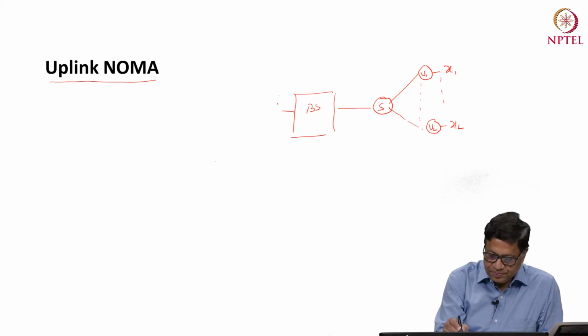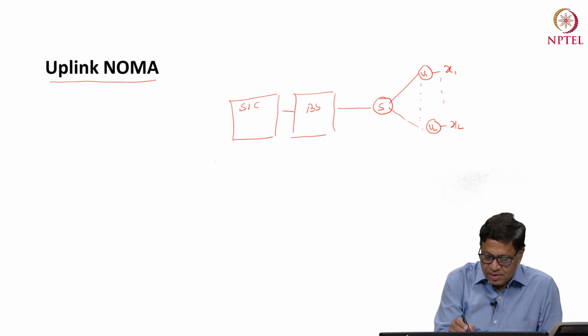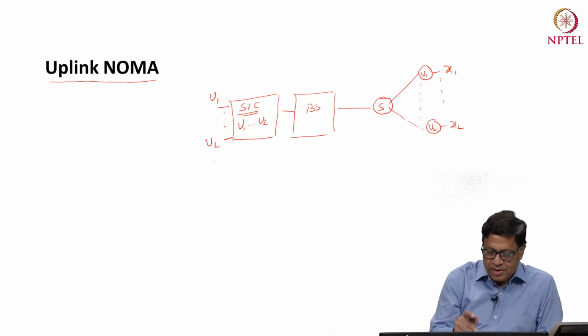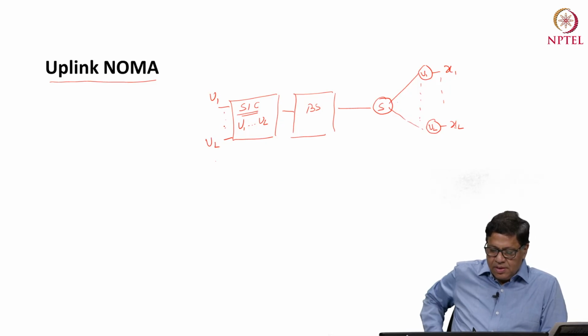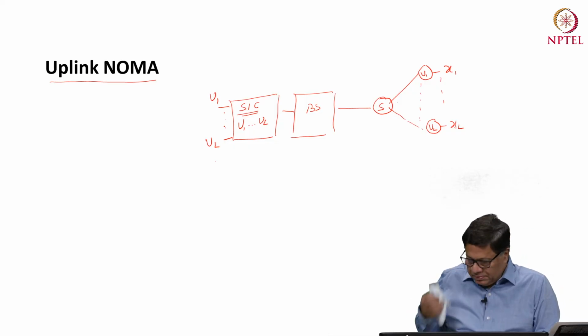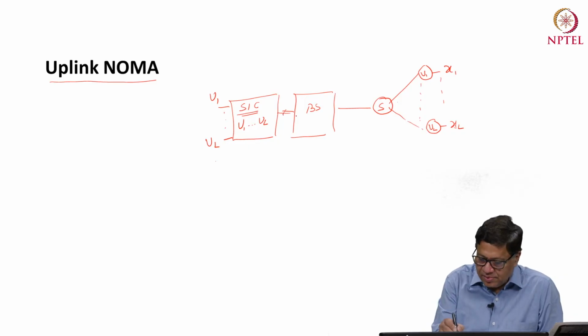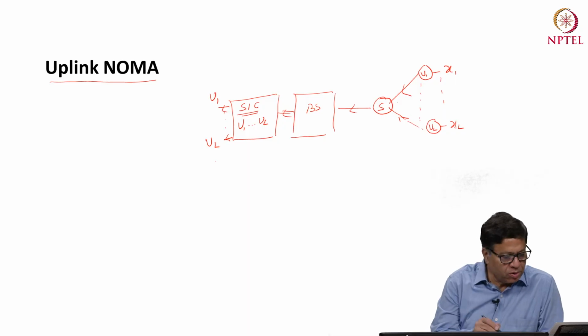This is the part of the base station that does successive interference cancellation for U1 to UL, and you detect the data from all the users. So this is how it works in case of uplink NOMA.